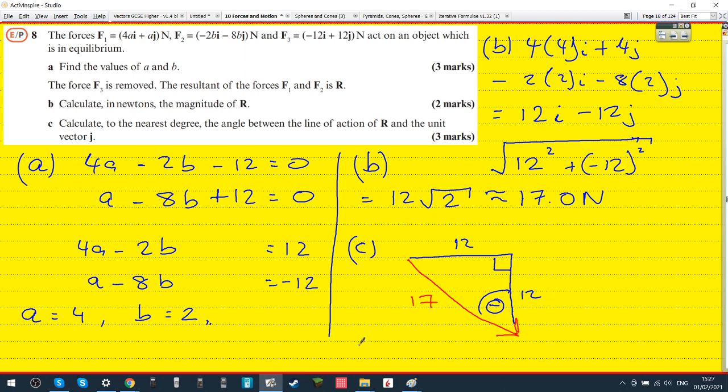Okay. And so now, should I do tan theta equals 12 over 12? Hang on. Is it 12 over minus 12? I guess so. What's that? Let me get my calculator.